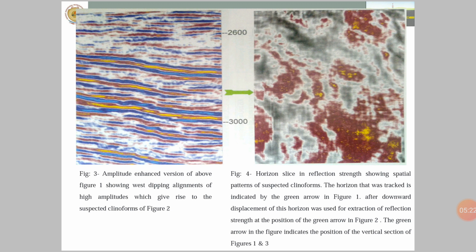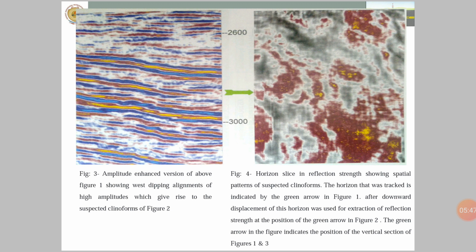However, at the green level, we could find a horizon slice, and we prepared a horizon slice in order to understand the reflection strength showing spatial patterns of suspected clinoforms. The horizon that was tracked is indicated by the green arrow. The extract of reflection strength at the position of the green arrow needs to be noted.